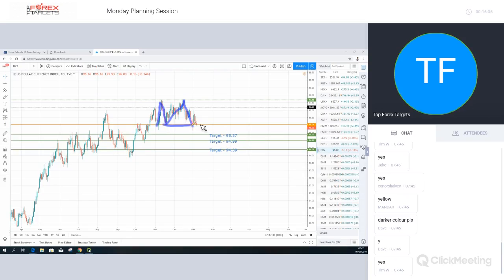So as soon as we break down below here, this is what denotes this. We have actually bounced from here since. However, ultimately we are in a range. We go into this week with more of a bearish bias on the dollar index because of the confirmation here of this double top pattern, which is a reversal pattern.